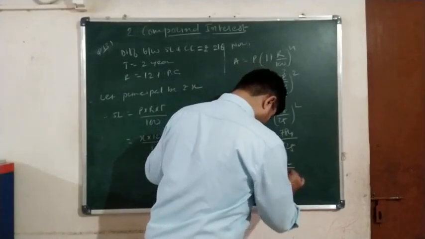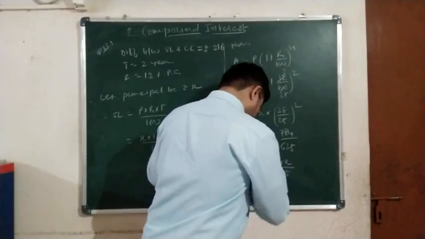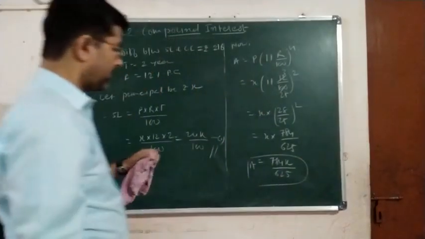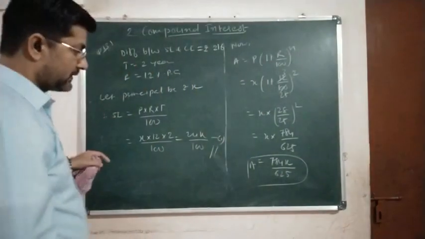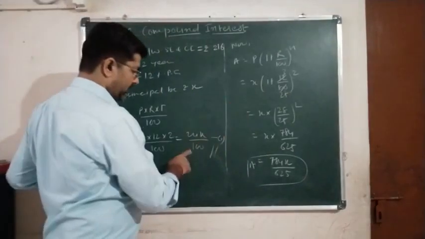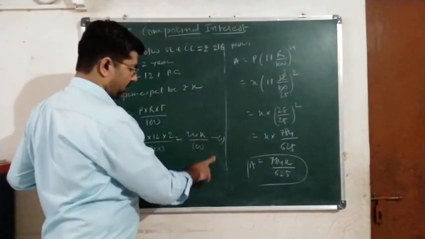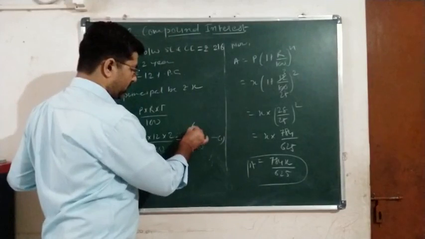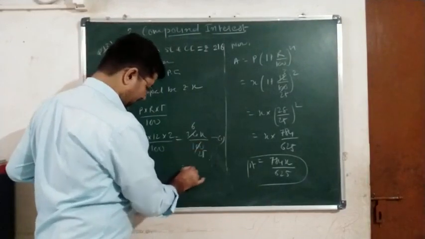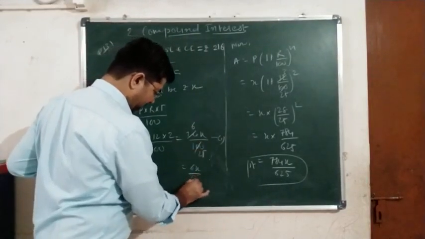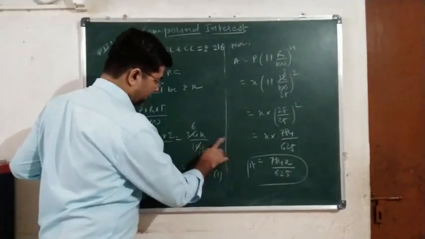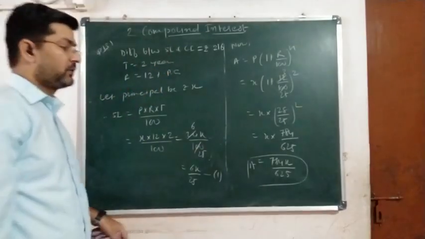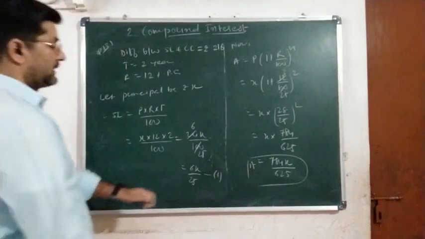So amount is 784x upon 625. Since we have reduced over here, in this case also I will write one more step. I will reduce 24x upon 100 by 4, so SI is 6x upon 25. Now let us find out CI.